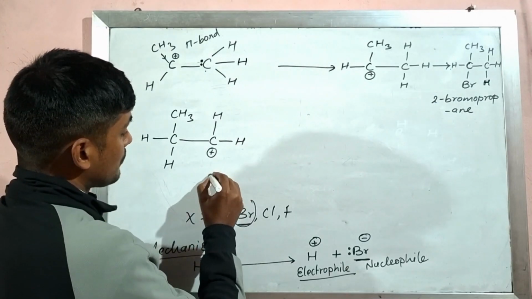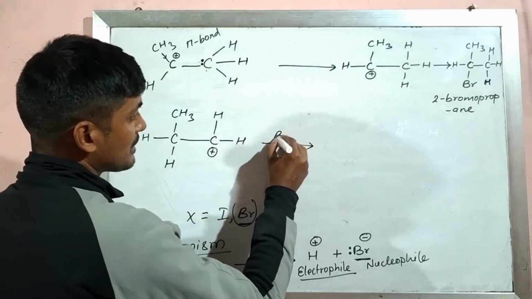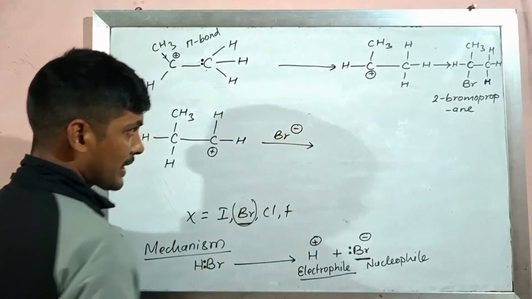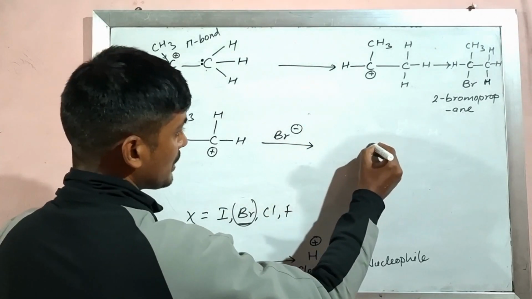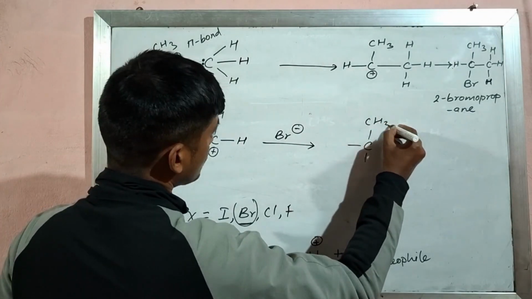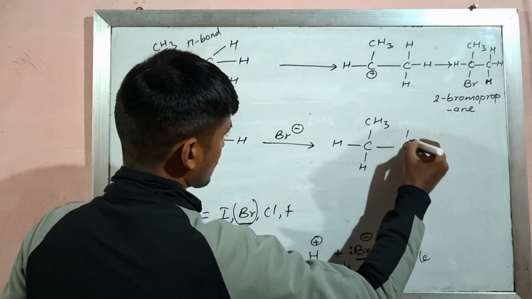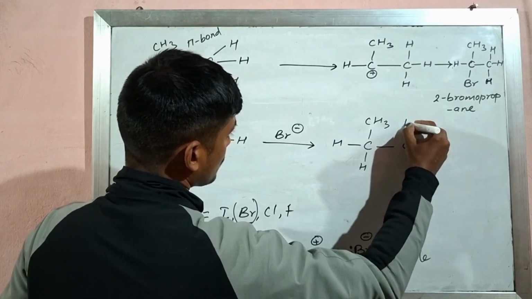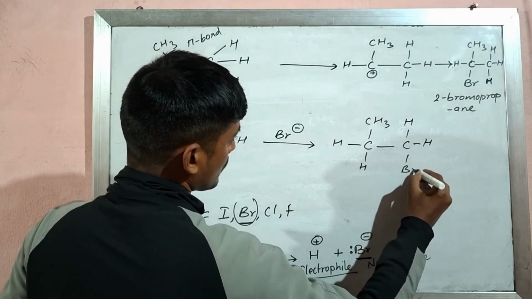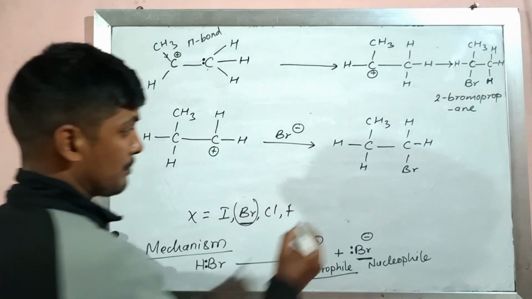So this carbocation, when it combines with this bromine, which is negatively charged, then what will form here? It will form this structure, which is known as 1-bromopropane.